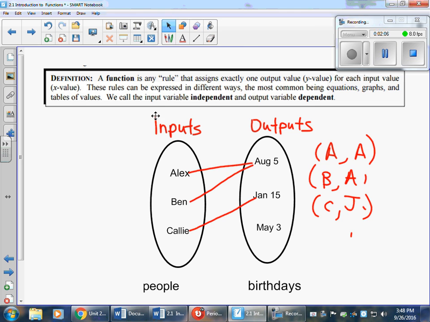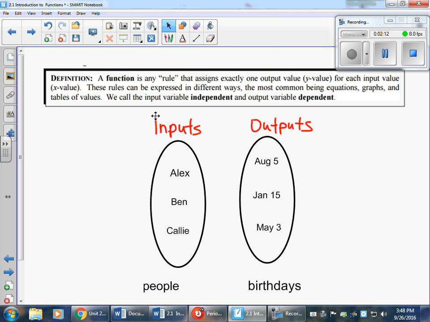Now, consider what would happen if we had Alex having August 5th, Ben having January 15th, but also Ben having May 3rd. Is it possible for one person to have two different birthdays?